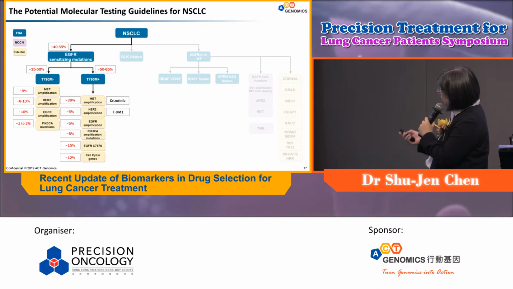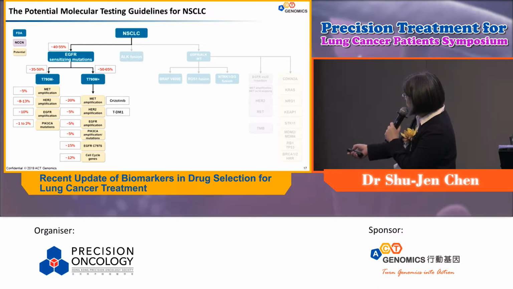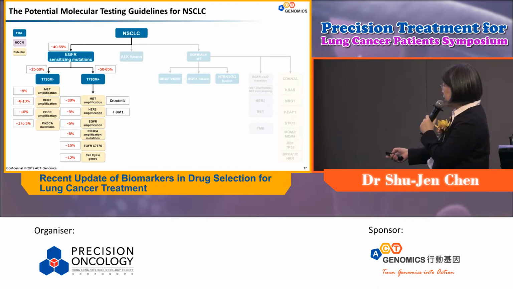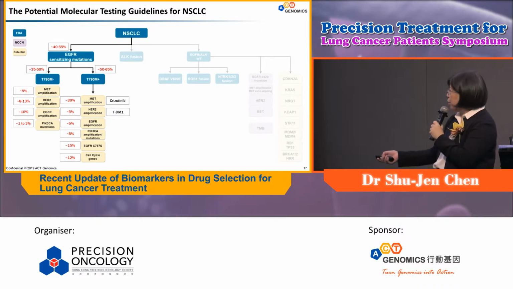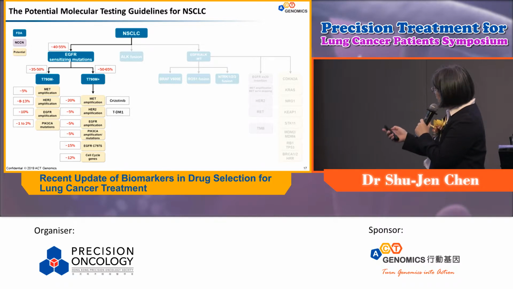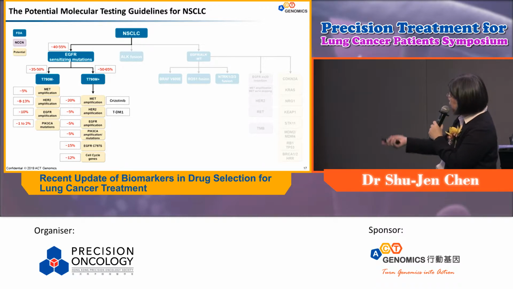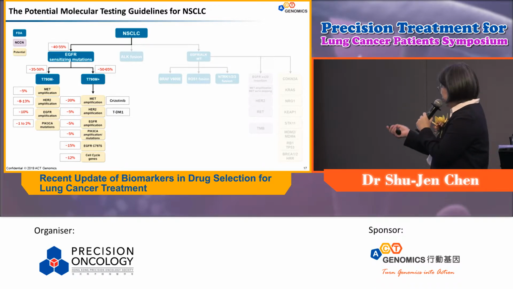So if we look at EGFR, initially patients with EGFR sensitizing mutation, whether they develop resistance because of T790M mutation or not, we have a pretty good biomarker, and based on this biomarker we can also develop a treatment solution. But this only helps about 50% of patients.